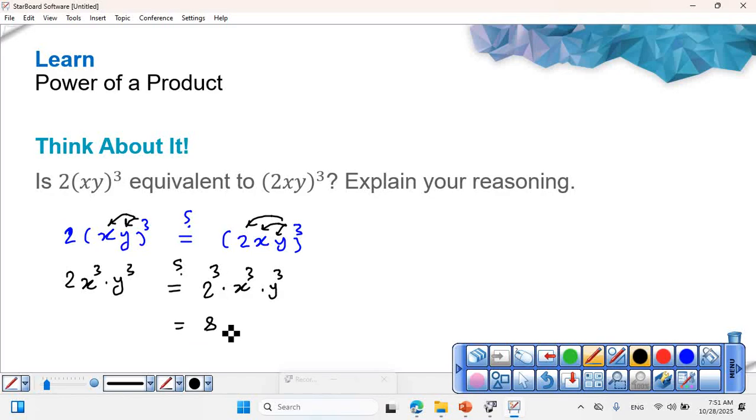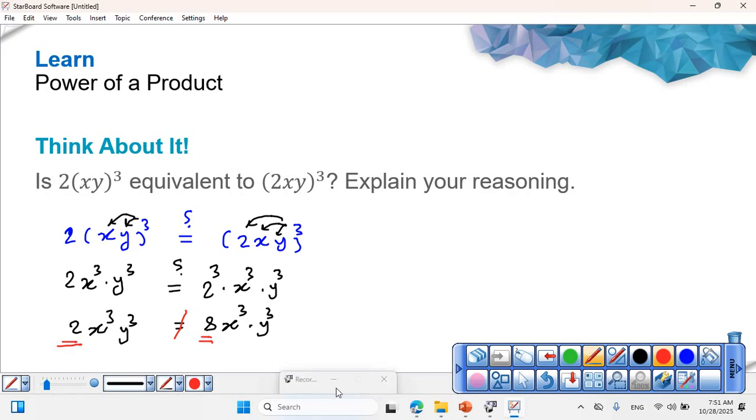This is 8x to the power 3 times y to the power 3. The first side here, 2x to the power 3, y to the power 3. I think not the same, isn't equal. Why? Because we have here 8, but we have here 2. 2 isn't equal to 8. This is the reason, okay?